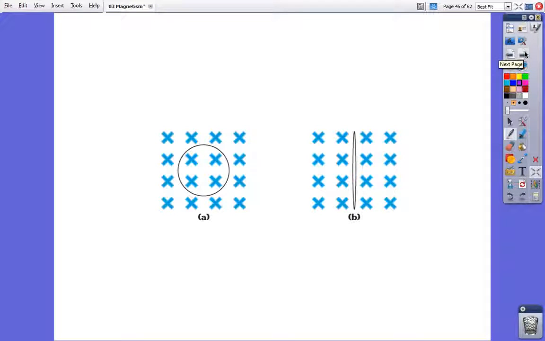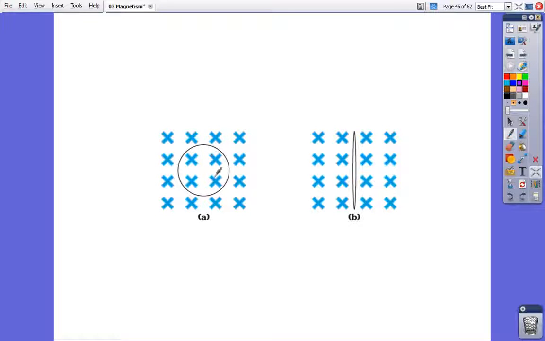Here, as you can see, first of all, there is a magnetic flux going through this loop, and then at condition B there is a change. So inside this loop there will be a magnetic field, EMF and induced EMF.